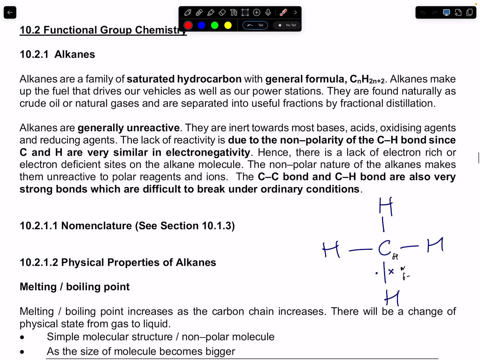Now, first, one of the learning objectives is to understand why alkanes are so unreactive. They are literally like Switzerland. They are a neutral compound. They have no reason to be attracted by an electrophile or even a nucleophile. And why is that so?